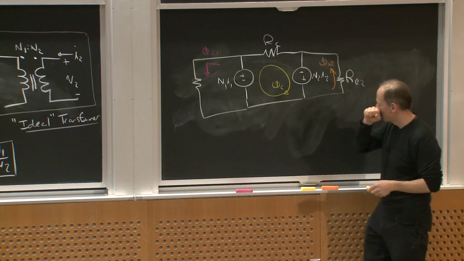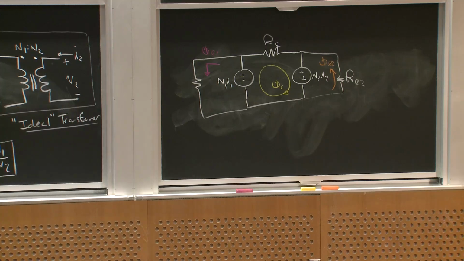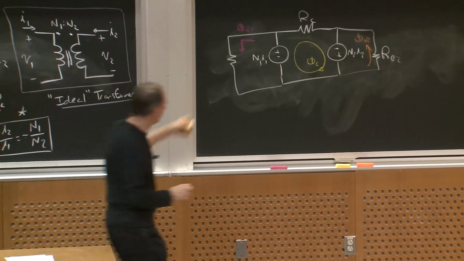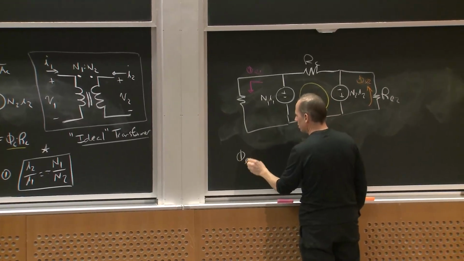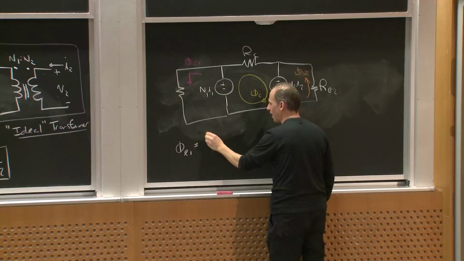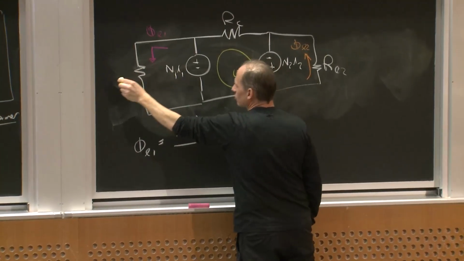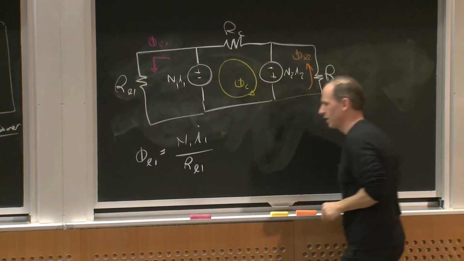So if I add this on, sort of what would I get? Well, that's the magnetic circuit model. What is phi leakage 1? Phi leakage 1 is simply equal to N1I1 over whatever this reluctance is. So I'll call this reluctance leakage 1. Okay.